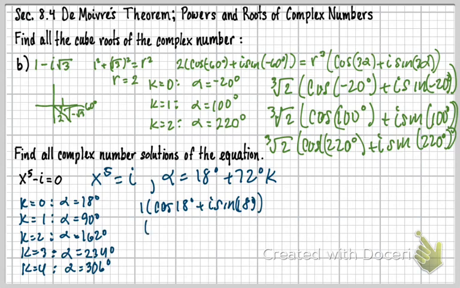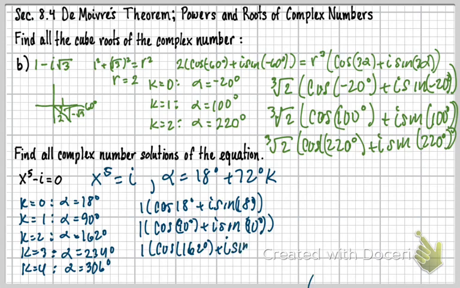The second one is going to be cosine of 90 degrees plus i sine 90 degrees. And the next one, I can have a 1 in front of there. Next one's going to be cosine of 162 degrees plus i sine of 162 degrees.